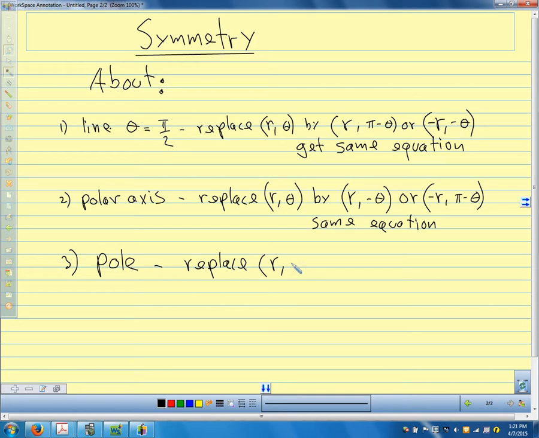We replace (r, theta) by (r, pi plus theta), or (negative r, theta). And we get the same equation.